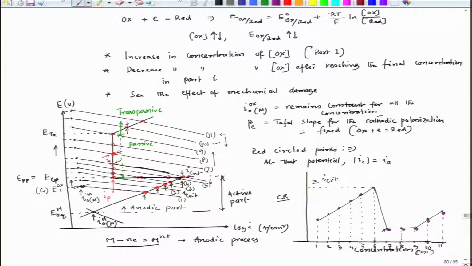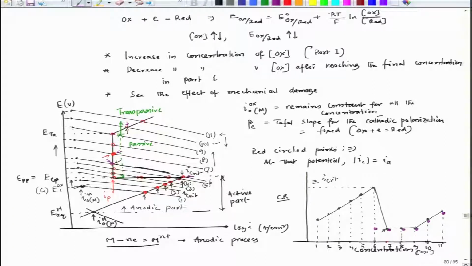So it will not reach the I critical; rather it would try to stay at I passive, because we are not disturbing the passive layer. So in the case of concentration C6, the current density would be at this location, the same as this one.